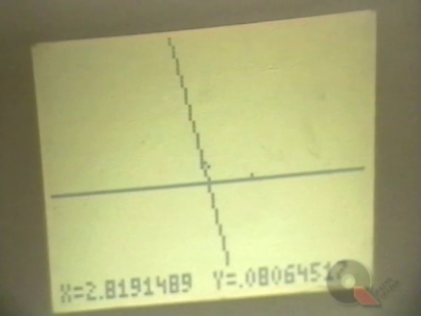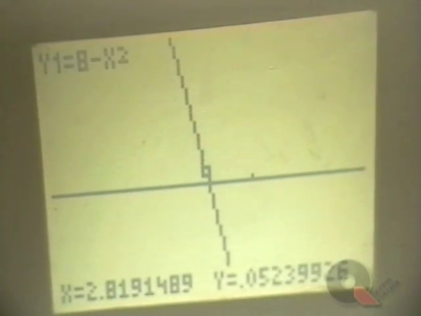And now hit the trace key, and we're over here. Go to the right, it's negative, the y value, to the left it's positive. Whereas I now know that the x-coordinate of the point of intersection with the x-axis is 2.8 something.